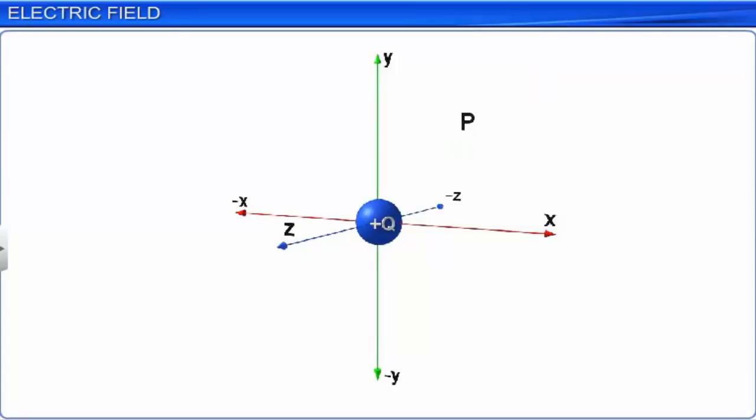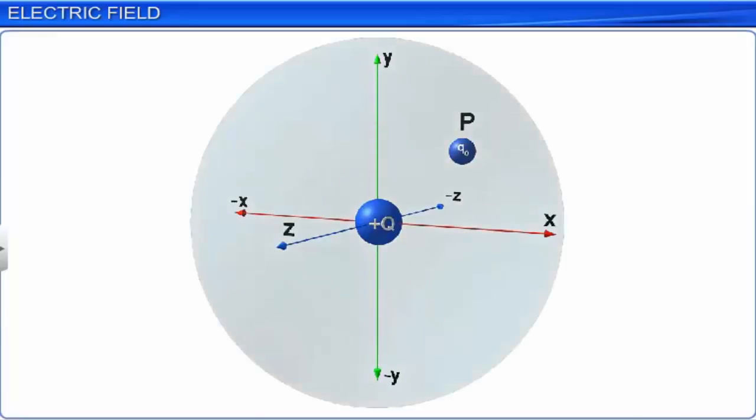Now, let us remove charge Q from the origin and reintroduce charge Q0 at the same point P. Charge Q0 does not accelerate now and remains at rest. This means that the force experienced by Q0 is due to charge Q. We say that since charge Q0 is in the electric field of charge Q, it experienced a force.